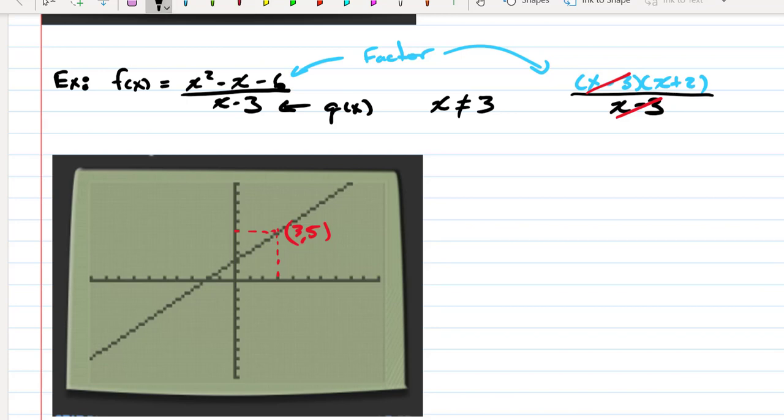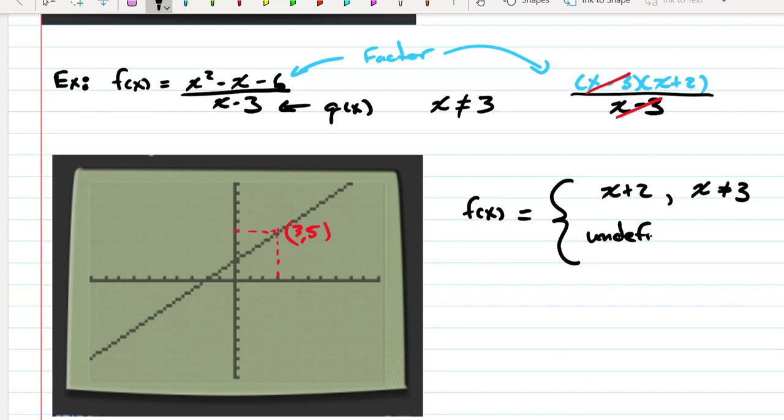An x minus 3. So it would appear that our function f of x is equal to what? Well, what's left behind? x plus 2, except for, when is the one time it's not equal to x plus 2? When x doesn't equal 3. If x equals 3, what's the value of our function? It's undefined.